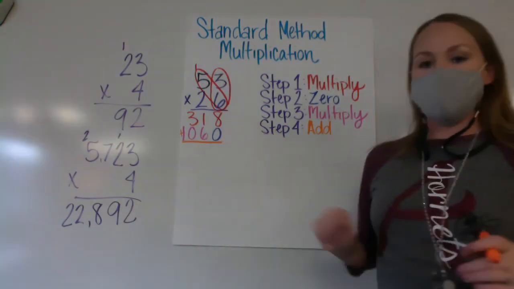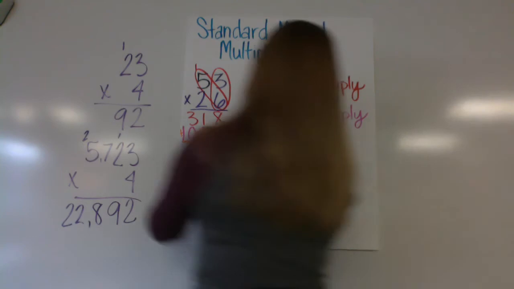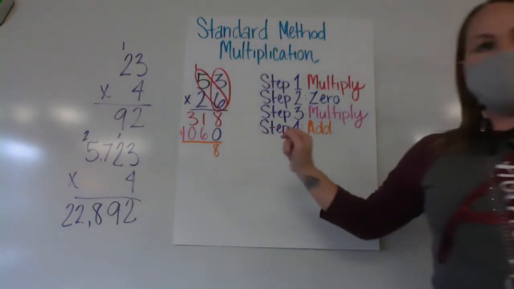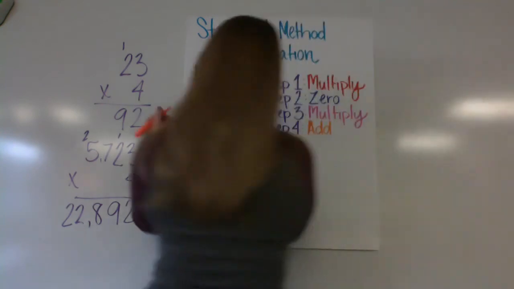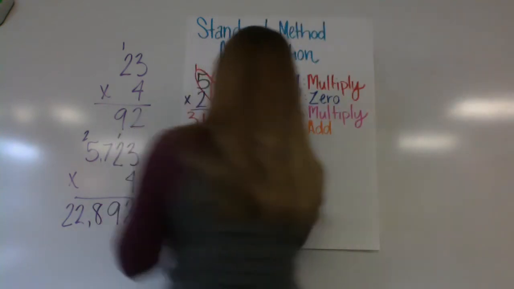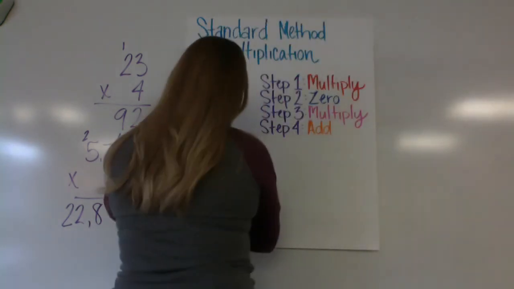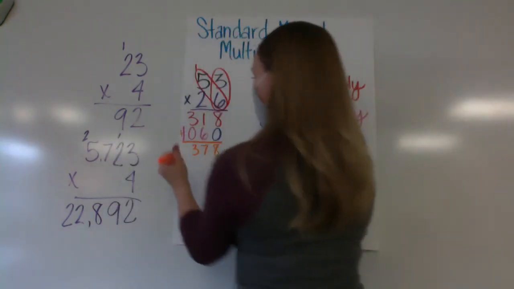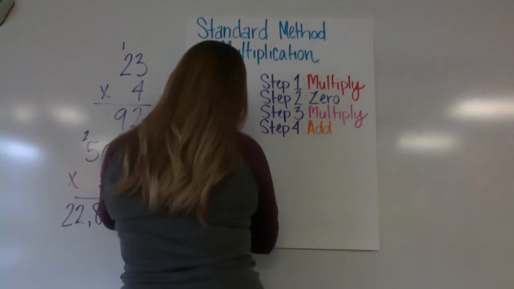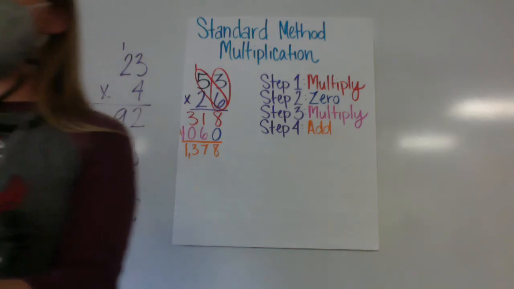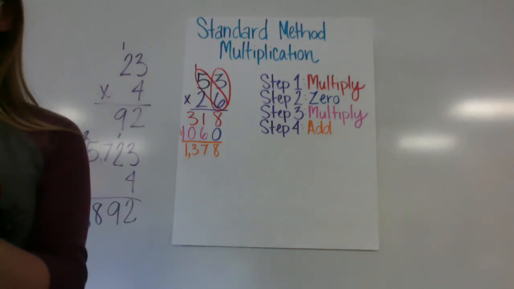So 8 plus 0 is what? 8. 6 plus 1 is? 7. 3 plus 0 is? 3. And then you just have your 1, okay? All right, and so those are your steps for your 2-digit by 2-digit multiplication.